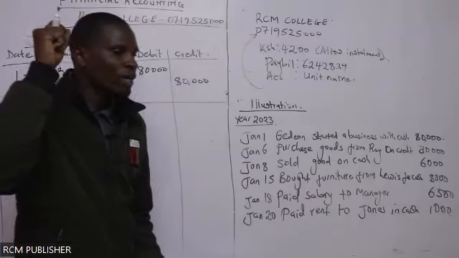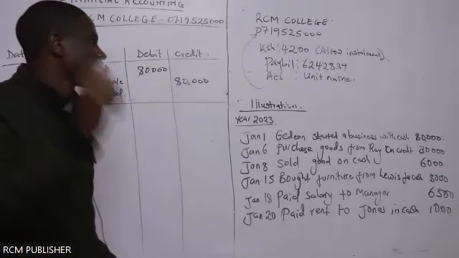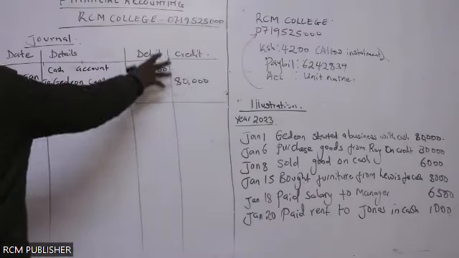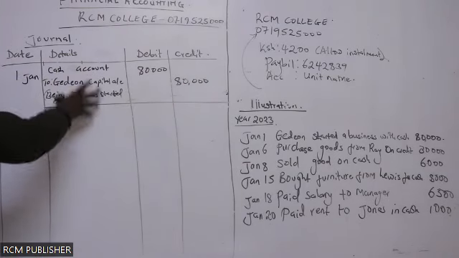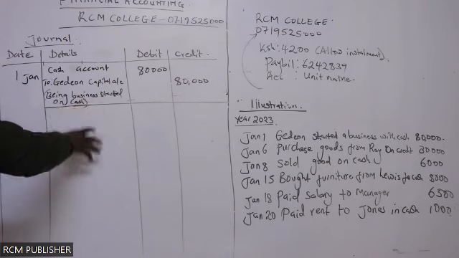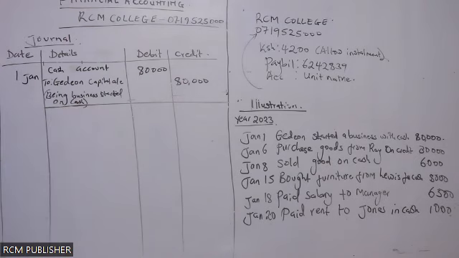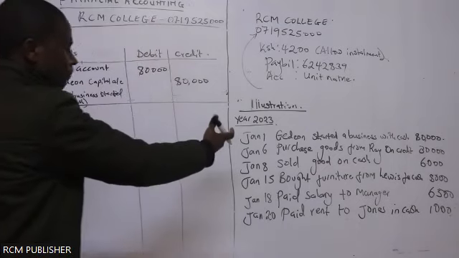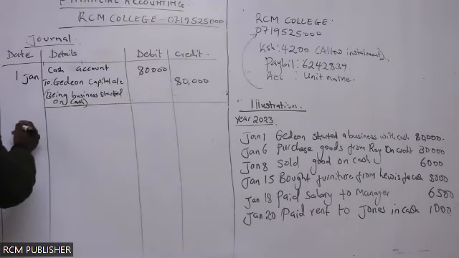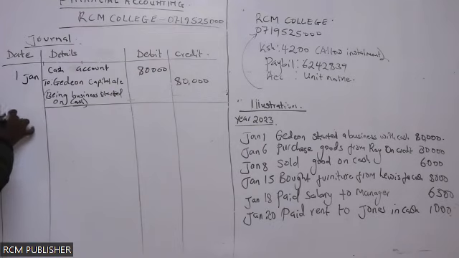Which account do we debit? Which account do we credit? This is the only thing that you need to understand. And then you need to know which detail you are supposed to put on this column. Come on. The person is purchasing. Is this June 6 or Jan 6? Say Jan 6.